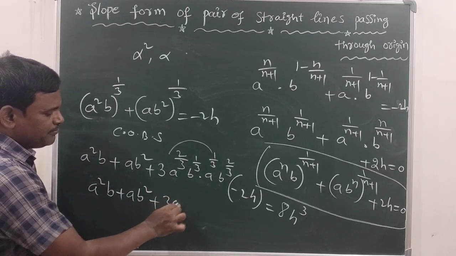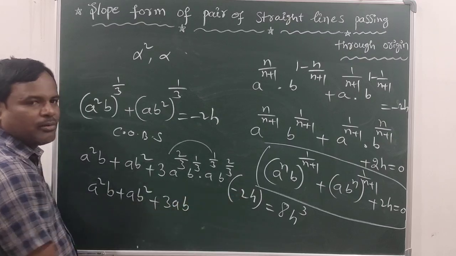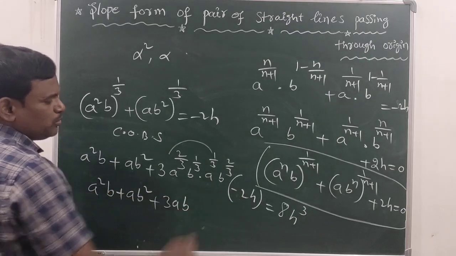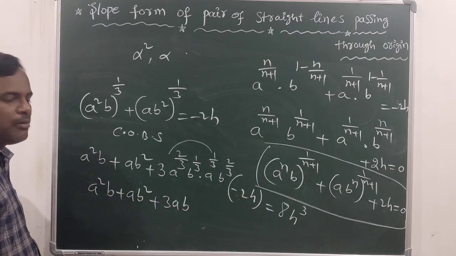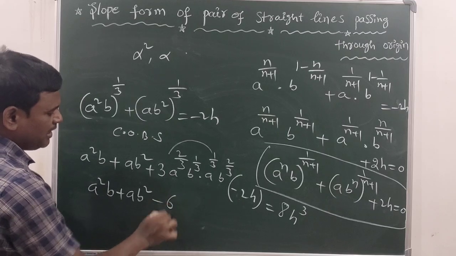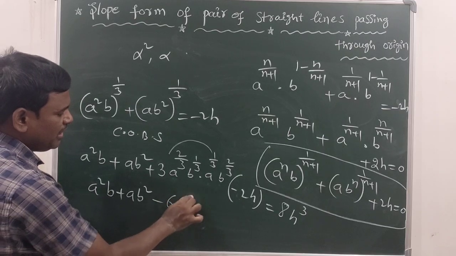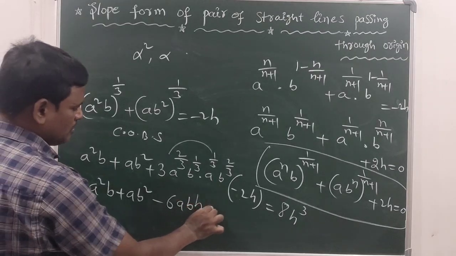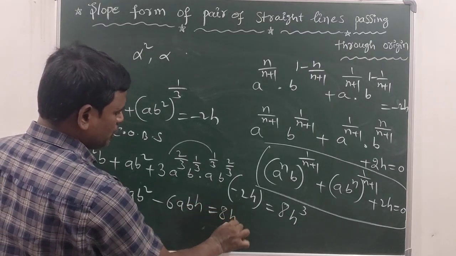So 3ab, and here minus is there. 3 into minus 2 becomes minus 6. Minus 6abh, which is equal to minus 8h cube.